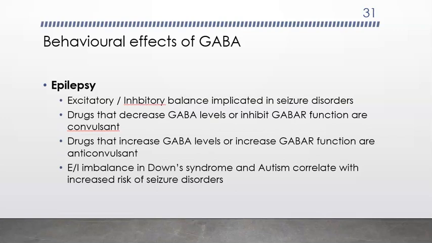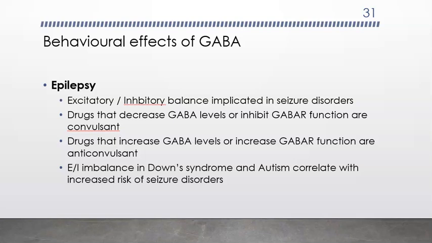Okay. GABA, again, I did mention this a bit before, does play a role in epilepsy because GABA is the opposite of glutamate, and we know glutamate can be a convulsant, then GABA can be an anticonvulsant. So again, it's this excitatory-inhibitory balance that's implicated in the seizure disorders, having an imbalance between glutamate and GABA.